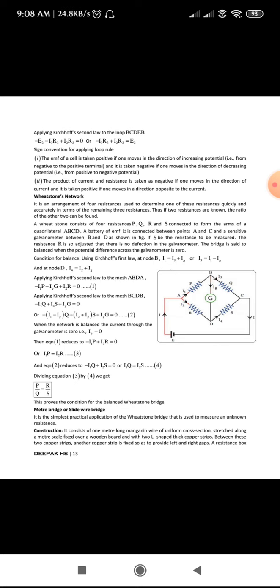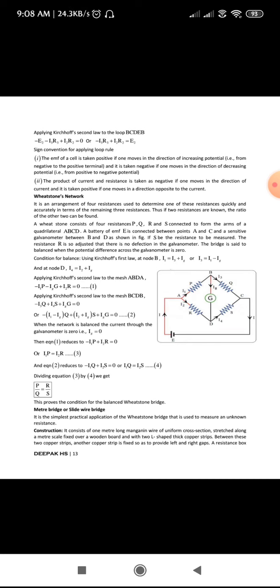In this experiment we are going to make use of this jockey. The jockey is a thing that we slide on a wire. This meter bridge consists of a wire where we slide the jockey, so we also call this a slide wire bridge.